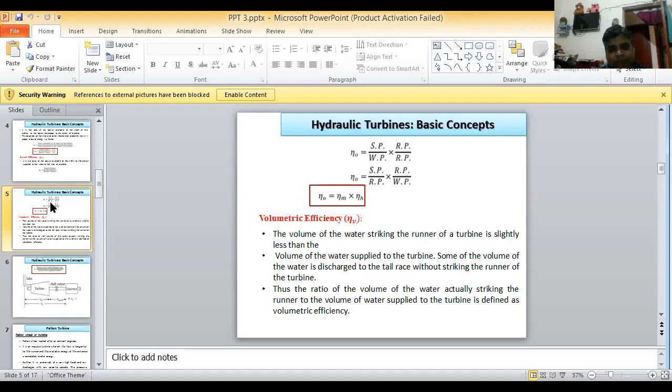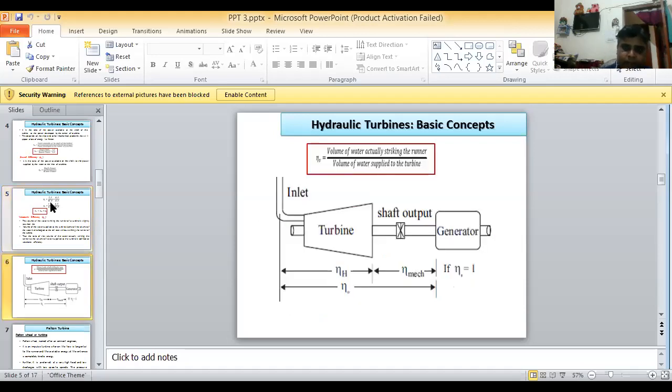Thus, the ratio of the volume of the water actually striking the runner to the volume of water supplied to the turbine is defined as volumetric efficiency. Hence, volumetric efficiency is equal to volume of water actually striking the runner by volume of water supplied to the turbine. This diagram shows hydraulic efficiency, overall efficiency, mechanical efficiency.